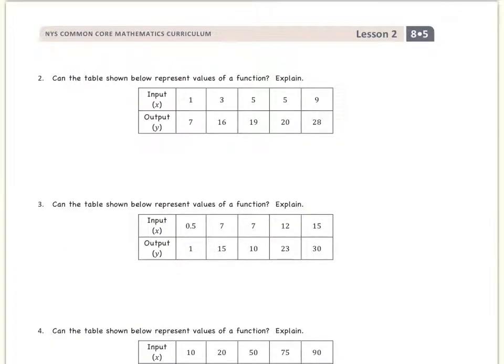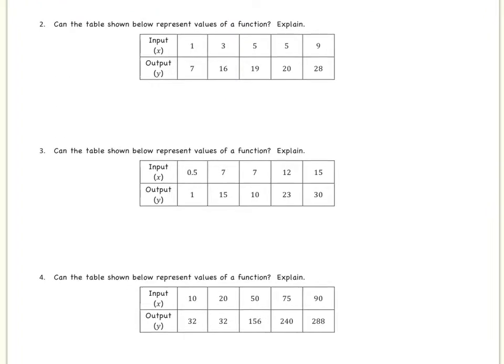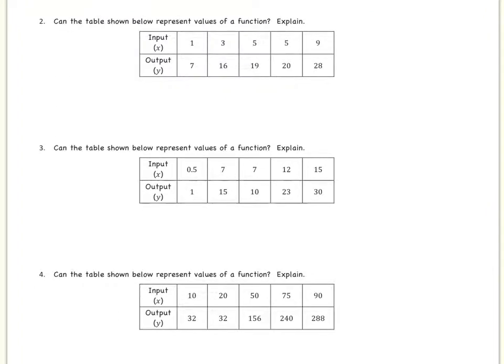So if I look at number 2, we want to figure out, could the table below represent a function? Remember, each input has to have exactly one output. So 1 has one output, 3 has one output, 5 goes to 19, but 5 also goes to 20. Since 5 goes to 2 different numbers, it's listed twice. Since 5 has 2 outputs, it's not a function.